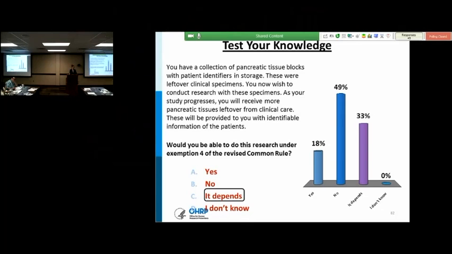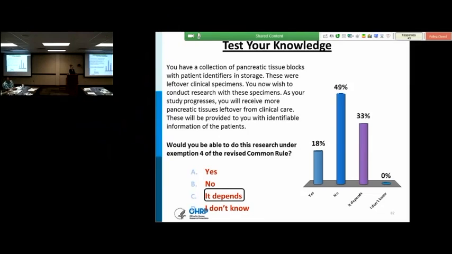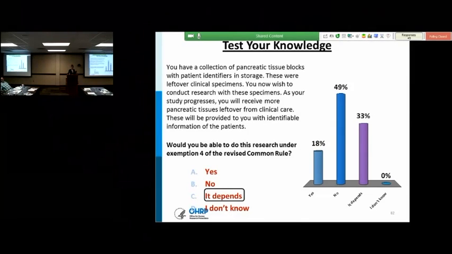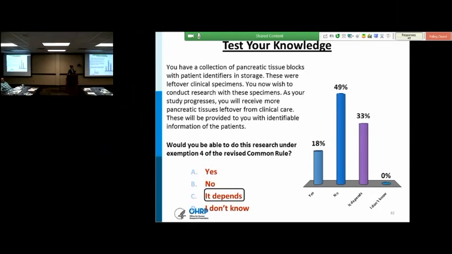It depends, right? So actually, in this case, it does depend on some particular features of the study that aren't provided here. So if you are recording the identifiable information of the patients for use in this study, then it would not fall under this exemption.